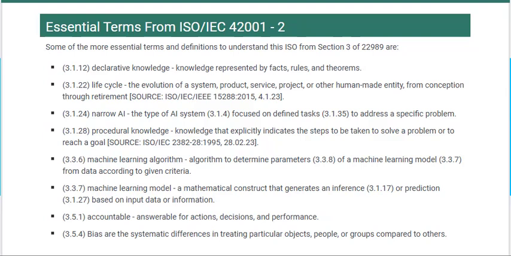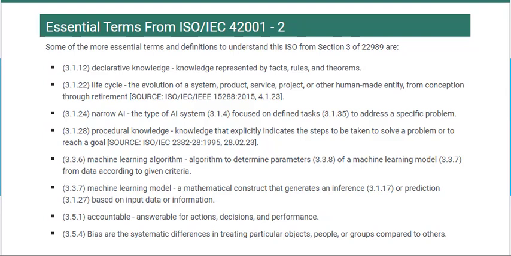Source: ISO/IEC/IEEE 15288:2015, 4.1.23. 3.1.24, narrow AI, the type of AI system focused on defined tasks to address a specific problem. 3.1.28, procedural knowledge, knowledge that explicitly indicates the steps to be taken to solve a problem or to reach a goal. Source: ISO/IEC 2382-28:1995, 28.23.